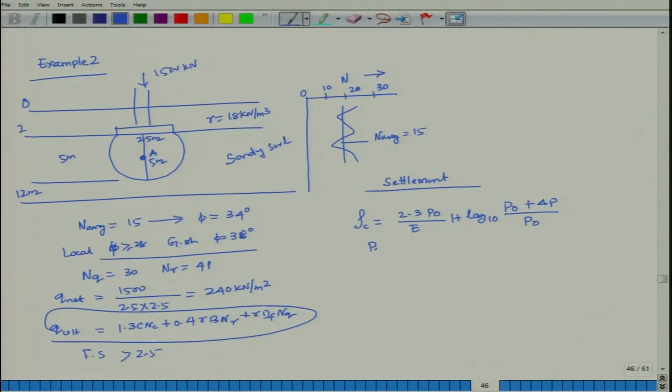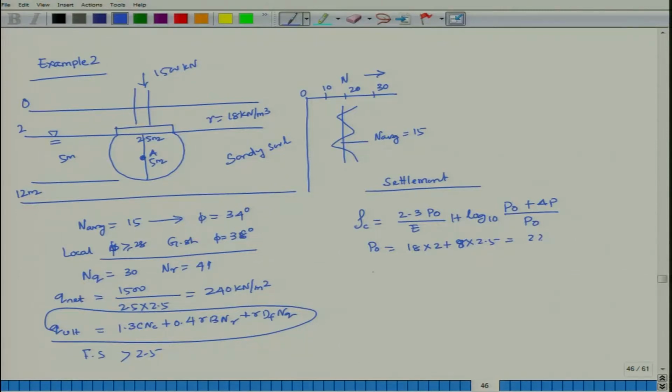So, P0 will be 18 into 2 plus 9 into 2.5. 18 into 2, here is also the water table, and below this it will be 8 or 9, depending upon 18 minus 9.81. So, you are calculating your P0.